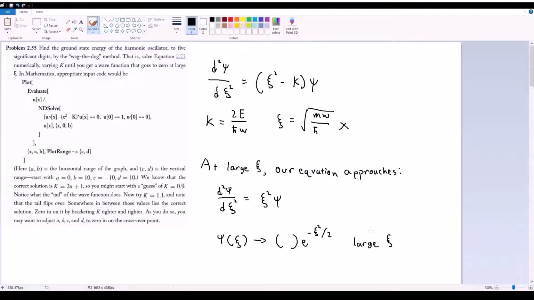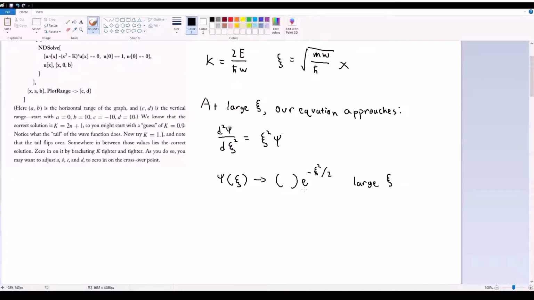And then we stitch this together by saying, effectively what this implies is that psi is going to approach 0 as this xi term goes to infinity.